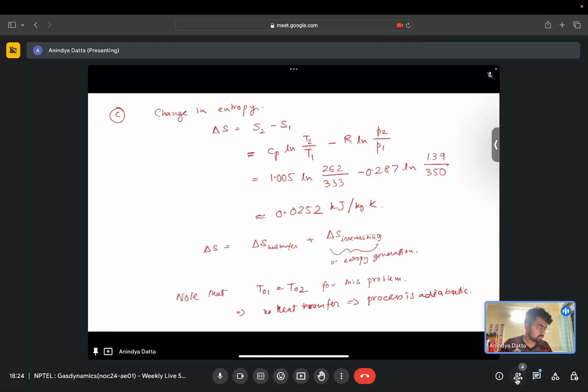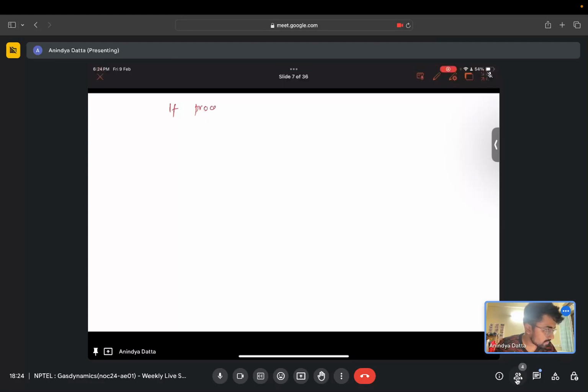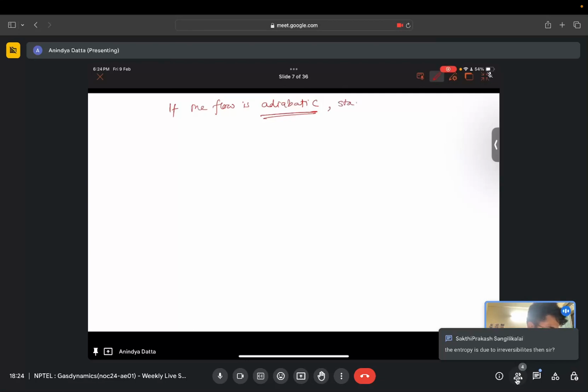One thing to note: if the flow is adiabatic, the stagnation temperature stays constant.